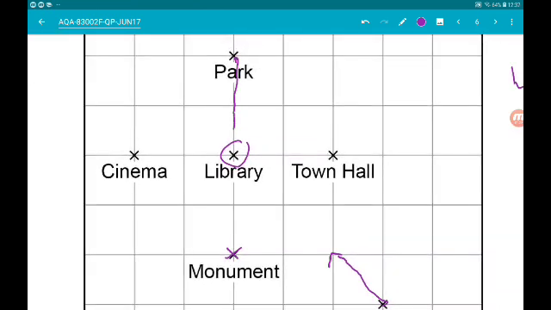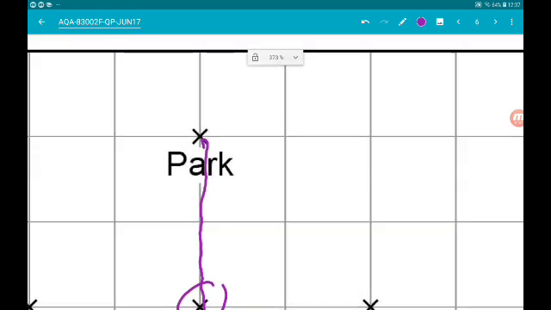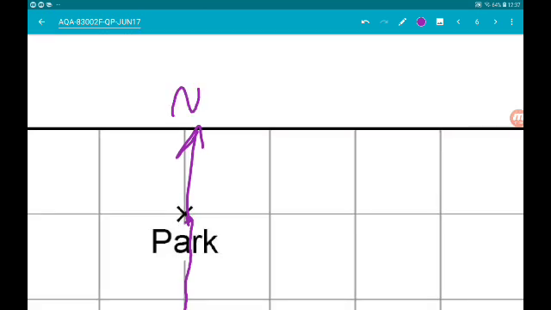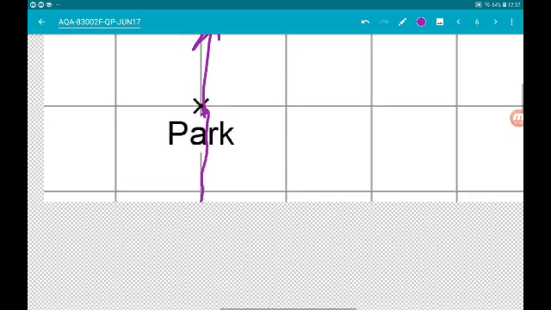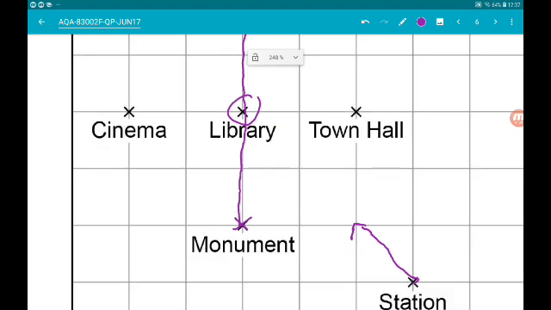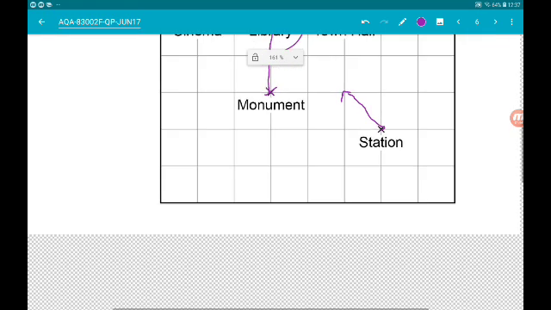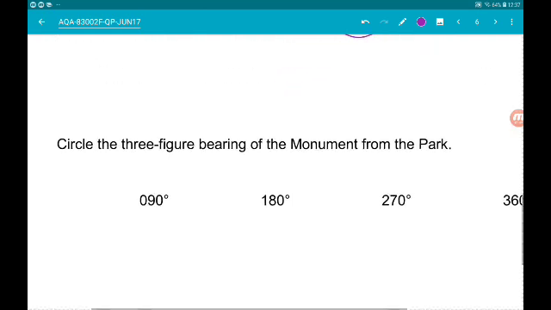So with bearings, north is always 0 degrees, and you measure bearings clockwise, so it's 180 degrees.